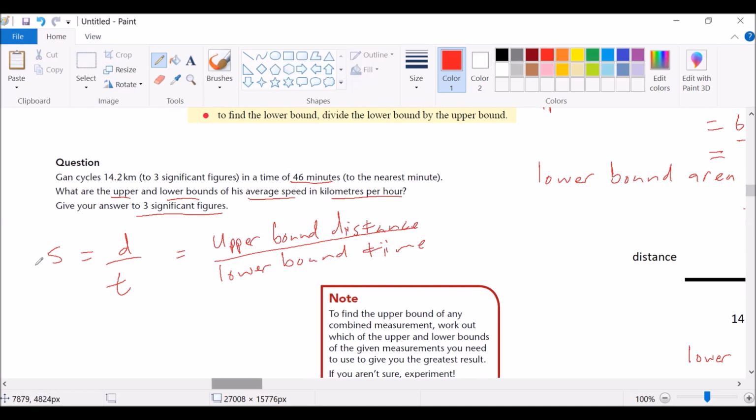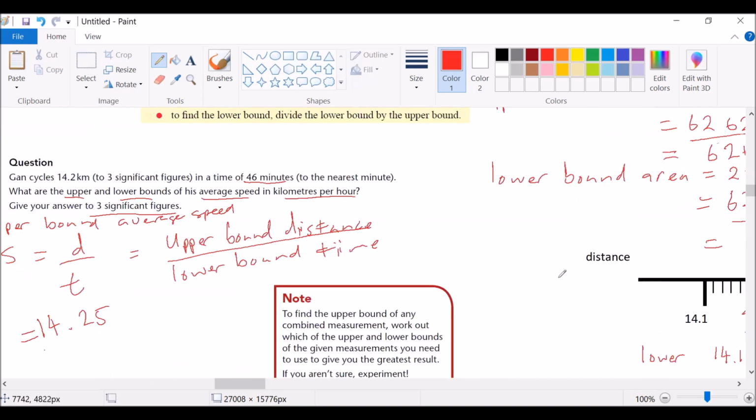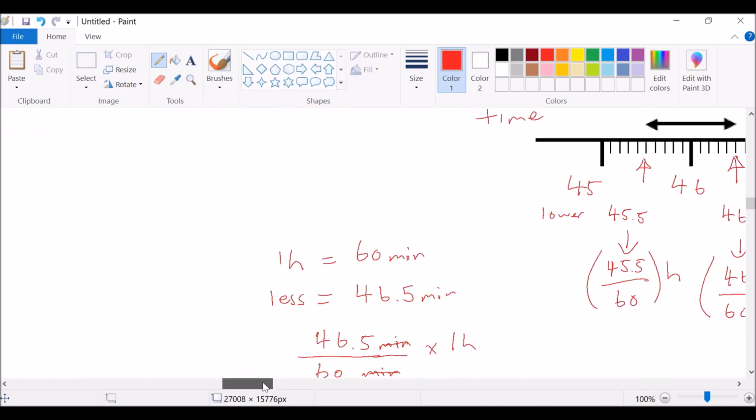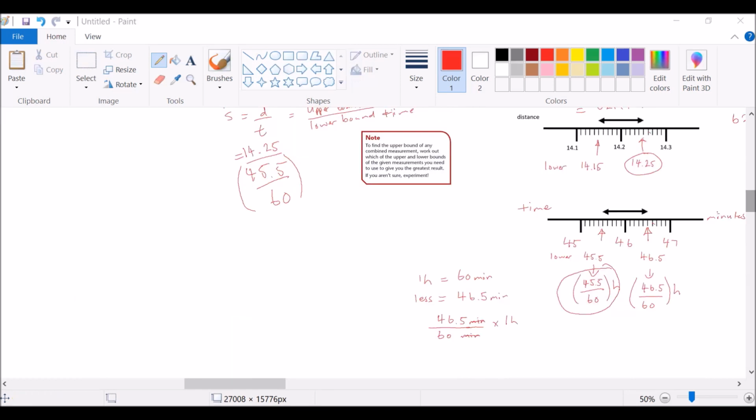So for our upper bound average speed, we would say 14.25, which is the larger one, over our lower bound time, which is 45.5 over 60, which we obtained from our calculator as 18.791208.